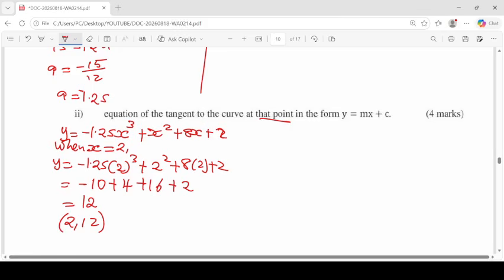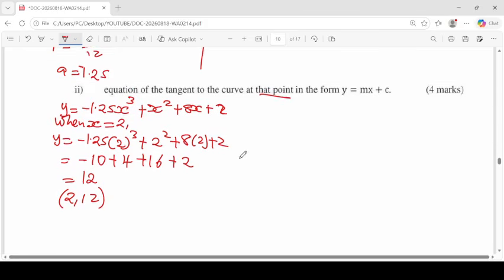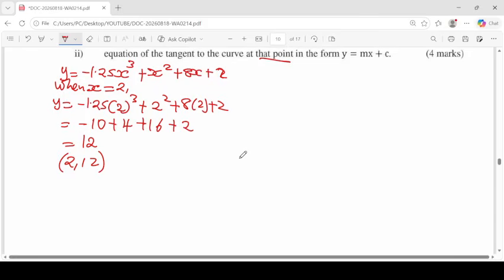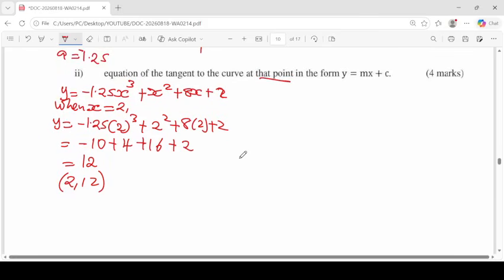I hope you've understood up to that particular point. Now, after we've known this particular value, the point is 2, comma 12. Now they want the equation of the tangent. To get the equation of the tangent, it's very simple.